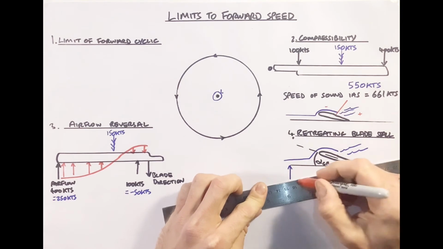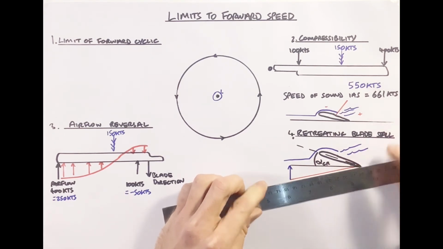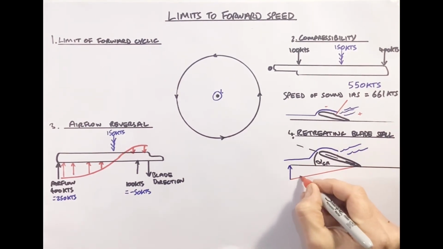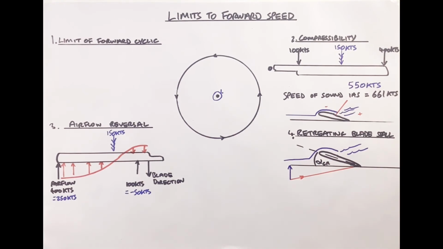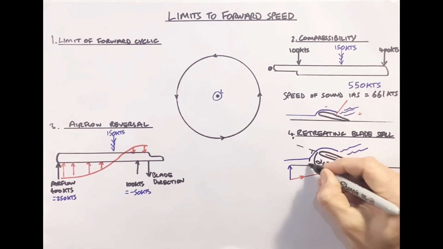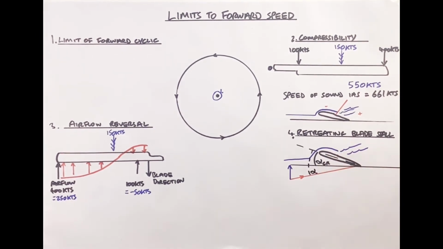And that rate of descent flow adds to whatever airflow is left remaining, or rotational airflow we've got. And as you can see, that further increases our angle of attack, which just further stalls the aircraft.